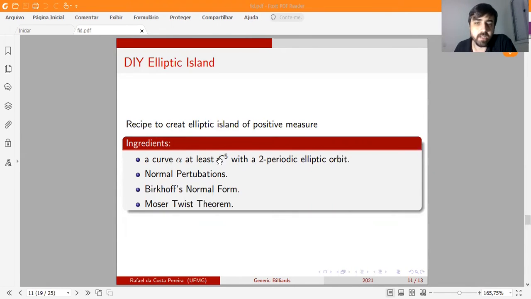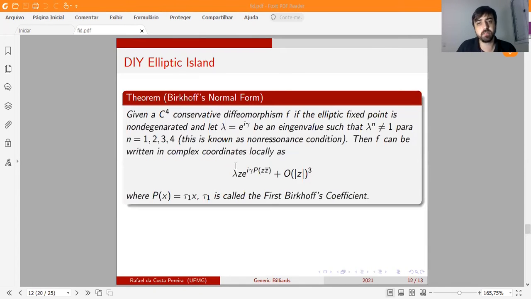We start with a C5 curve. This is because we need to use the Birkhoff normal form and the Moser twist theorem, and our normal perturbations; that's all we need. The Birkhoff normal form is a special way to put your transformation around the elliptic points. So what you do is calculate the first Birkhoff coefficient.